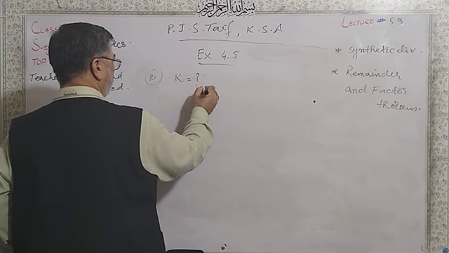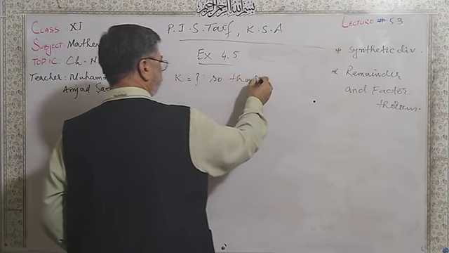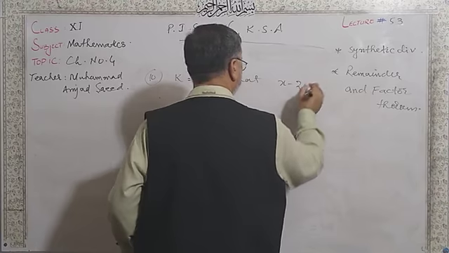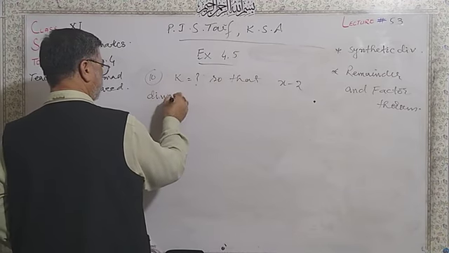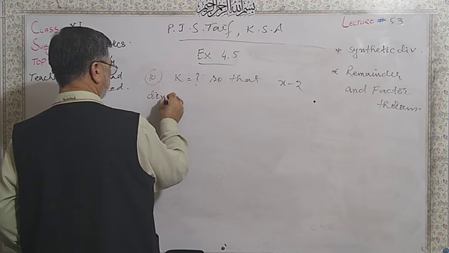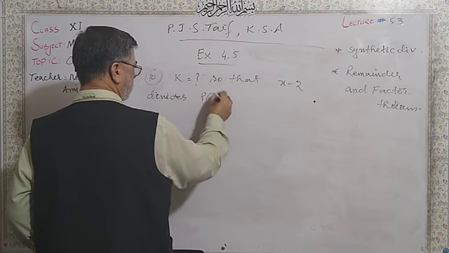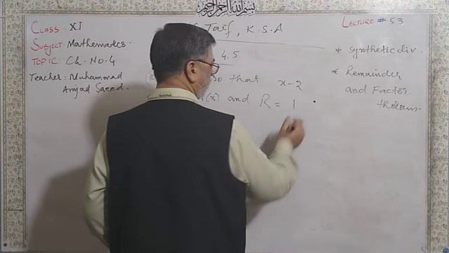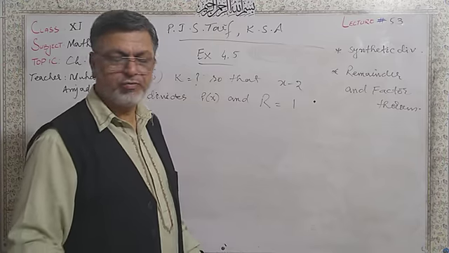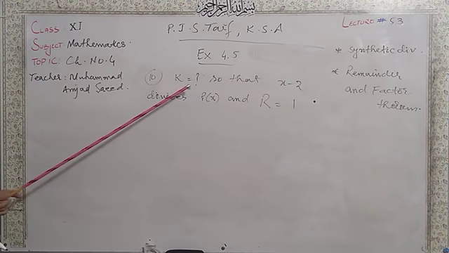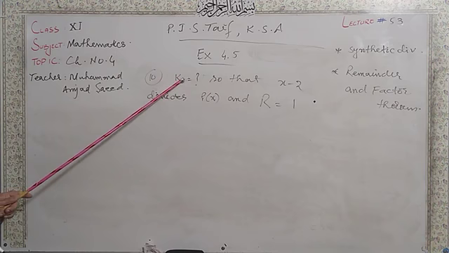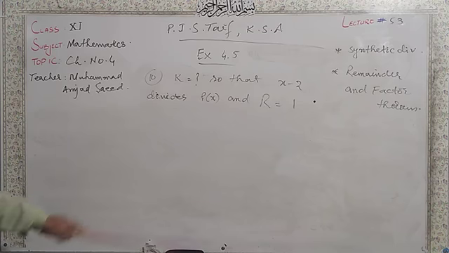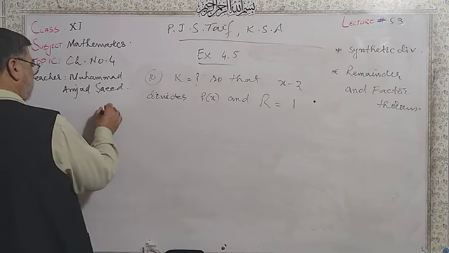You have to find the value of k so that x minus 2 divides p of x and the remainder is equal to 1. This is the nature of your question.